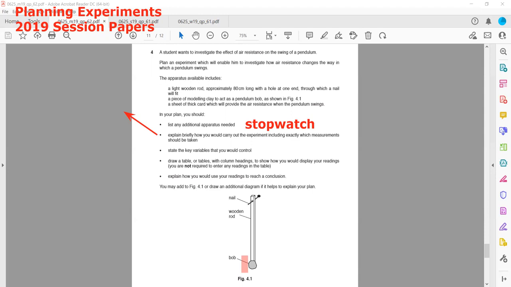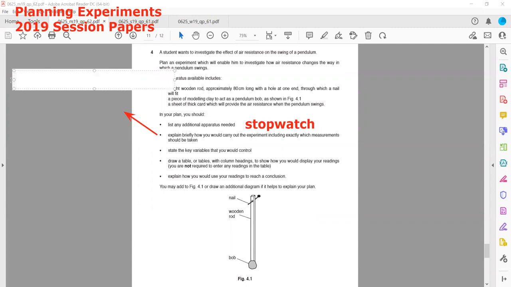As you can see, we place a card here, then we slightly tilt it or change the angle of the card where it is attached. For example, first the card is attached exactly vertical, then slightly tilted, then tilted further, because that will change the air resistance experienced by the pendulum. We'll repeat the experiment with different orientations of the card.